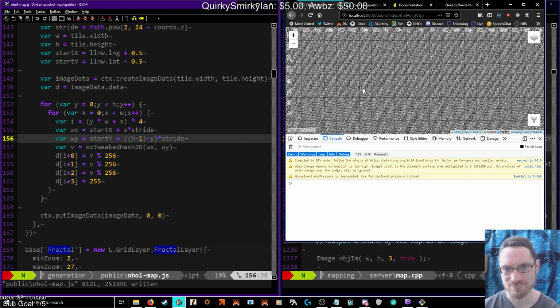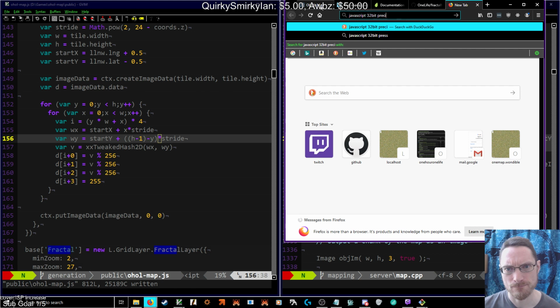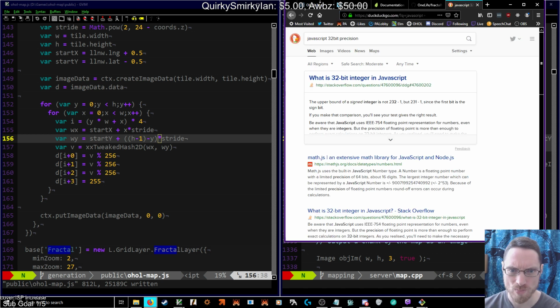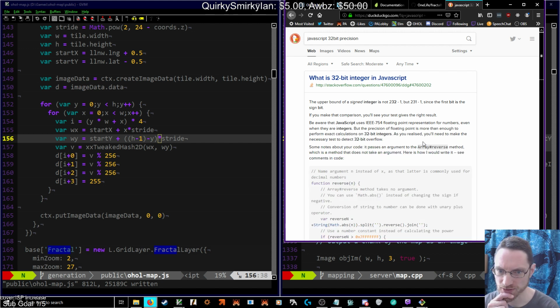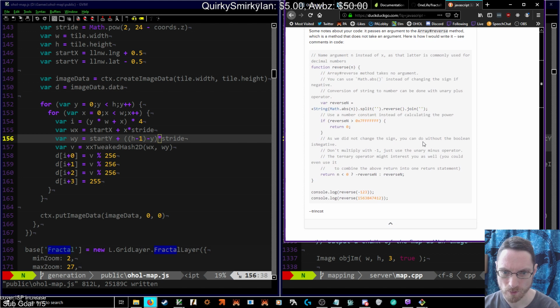Now, isn't there floating point representation is more than enough to perform exact calculations in 32-bit integers. Oh, they're counting on like 32-bit overflow and stuff.